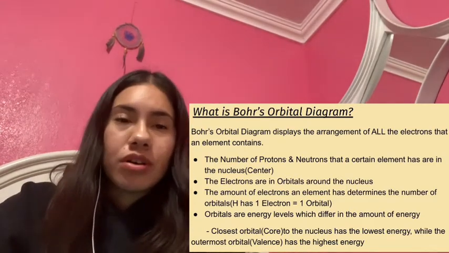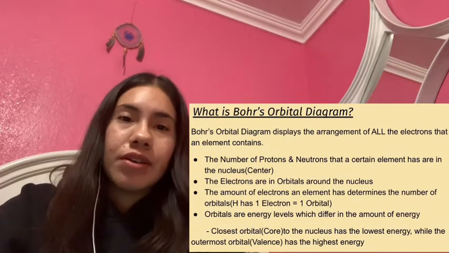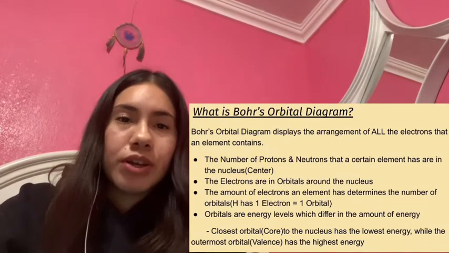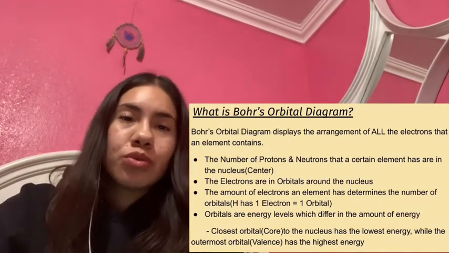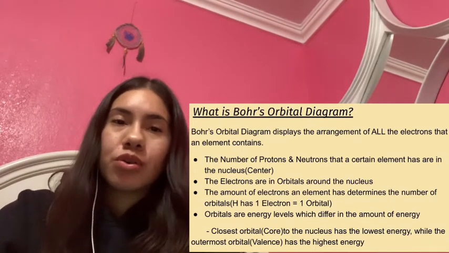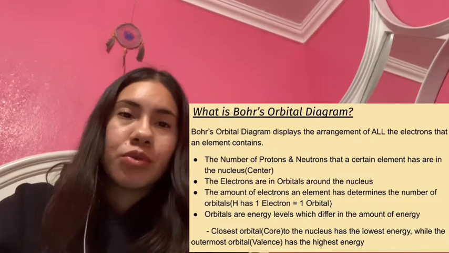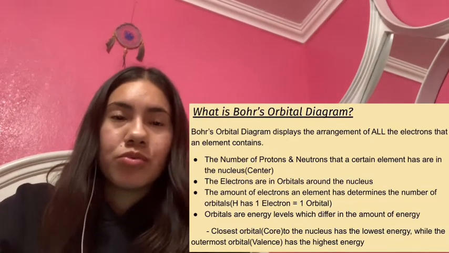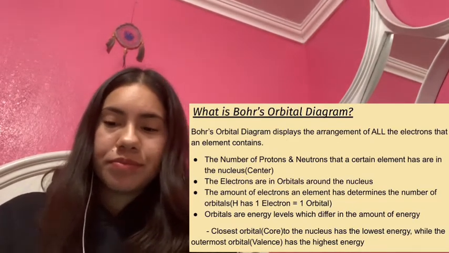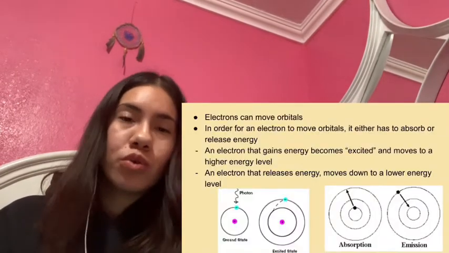Orbitals are energy levels, and they vary in the amount of energy. The closest orbital to the nucleus, which is called the core, has the lowest energy, while the outermost orbital, which is called the valence orbital, has the highest energy. Electrons can move between orbitals.